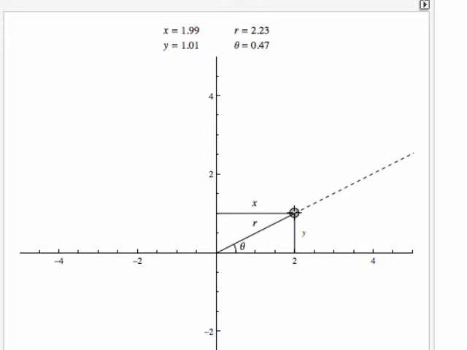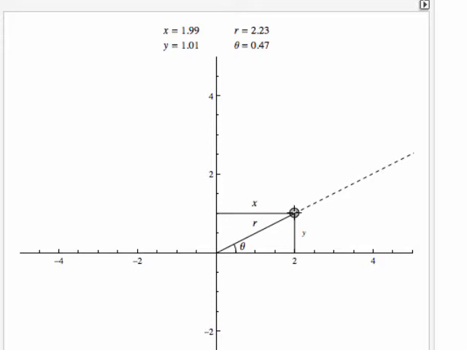And that is by specifying the standard position angle whose terminal arm goes through my point and the distance of that point from 0. R is the distance from 0, in this case 2.23 units, and theta is our standard position angle in radians, 0.47.